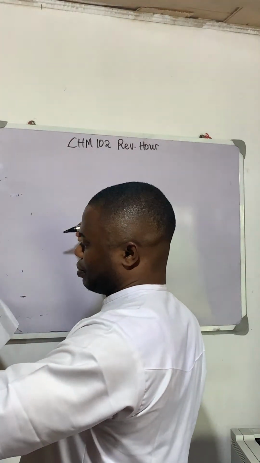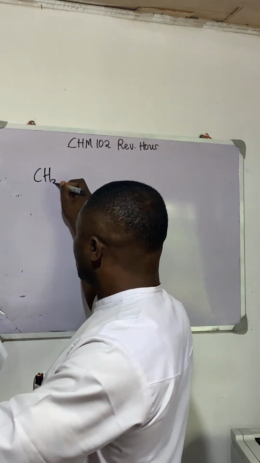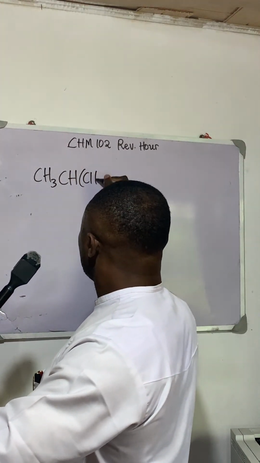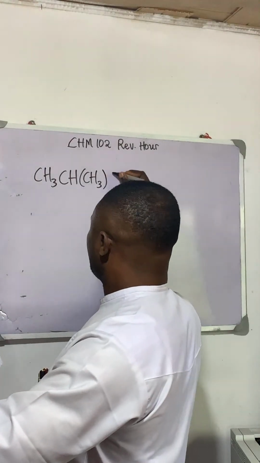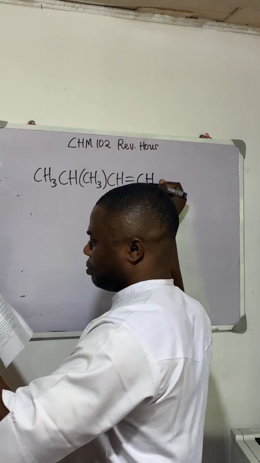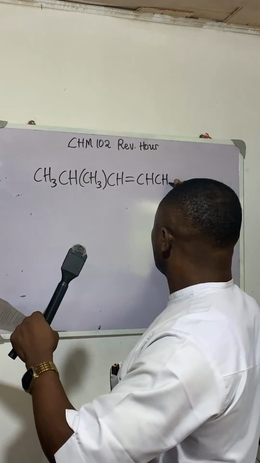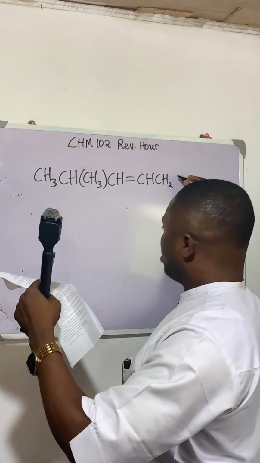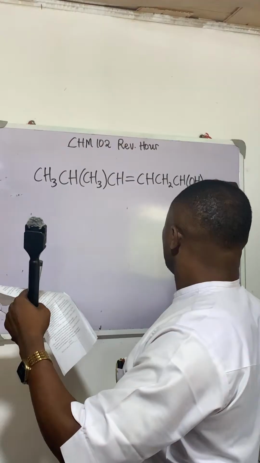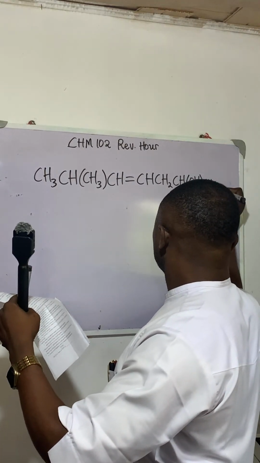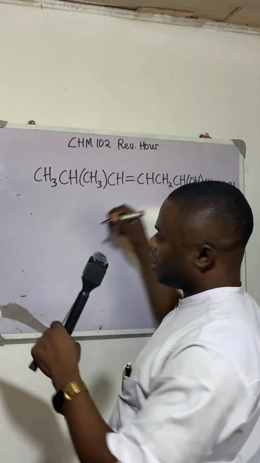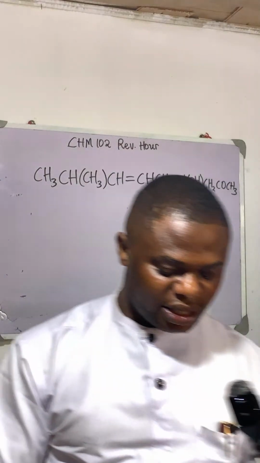They said the IUPAC name of CH3, CH, bracket open, CH3, close the bracket, CH, then double bonding CH again, then CH2, then CH of OH, and O, CH2, then CO, and CH3. What a compound. We're asked to name this.